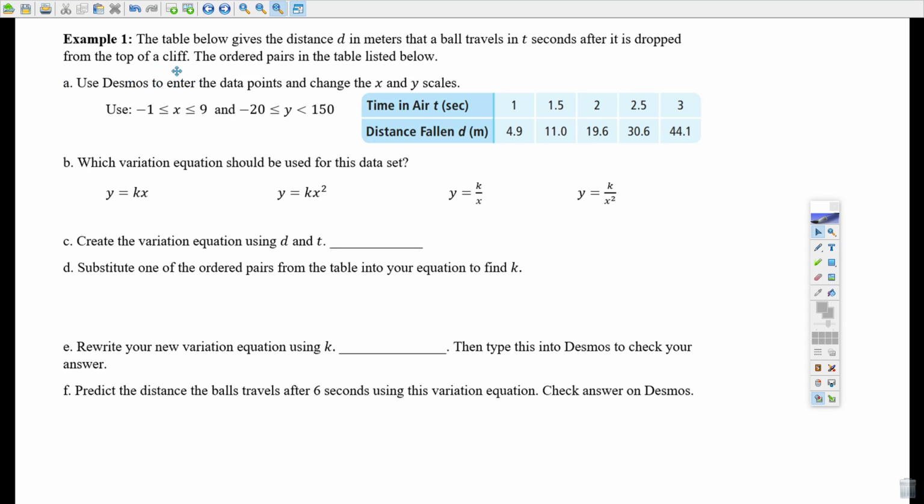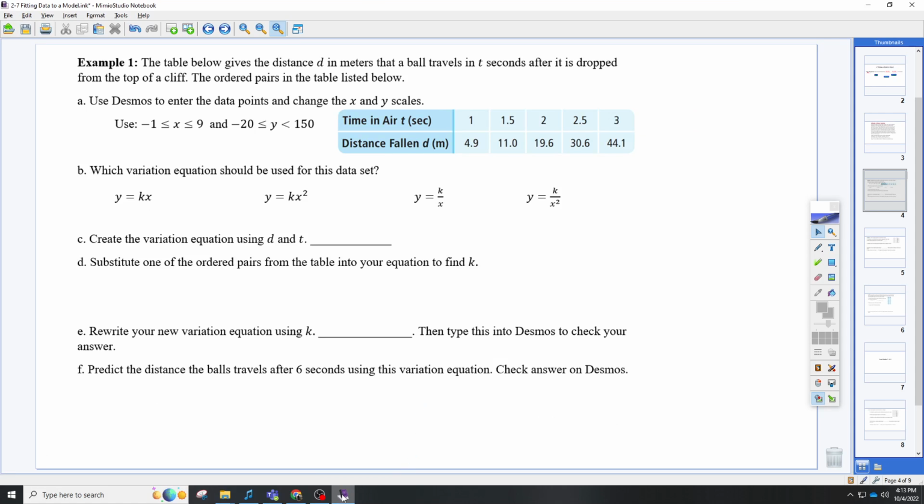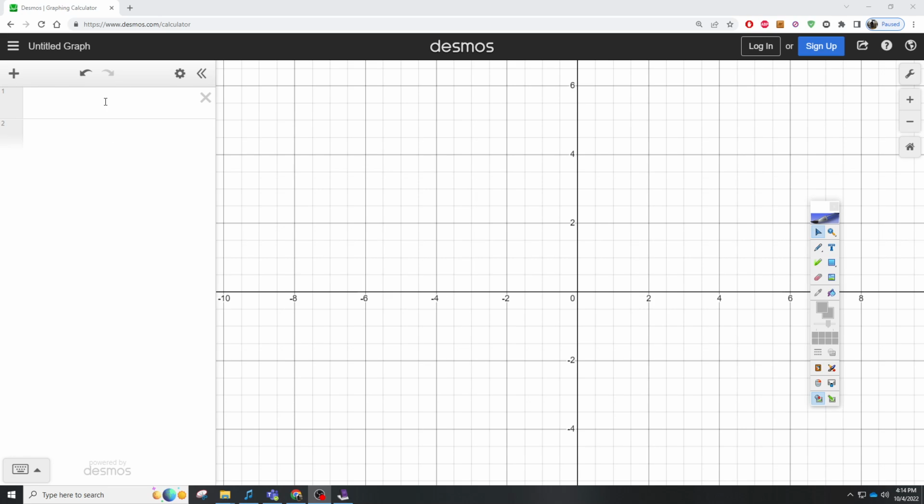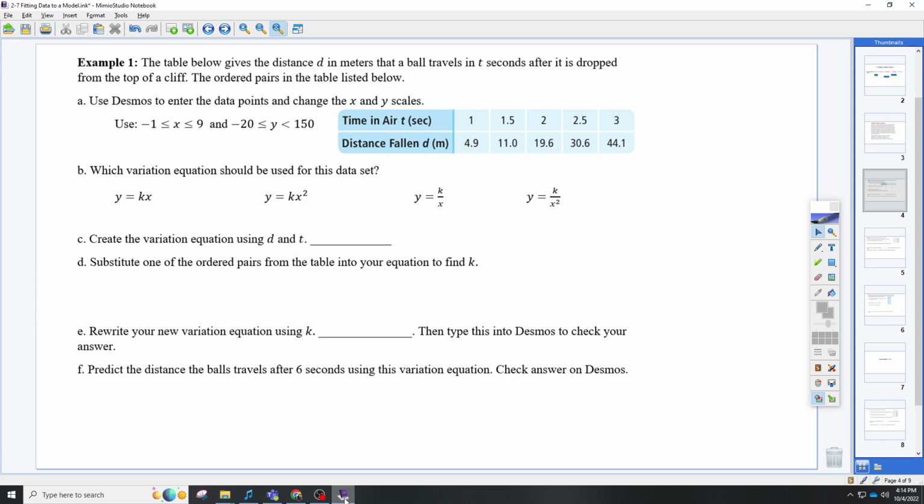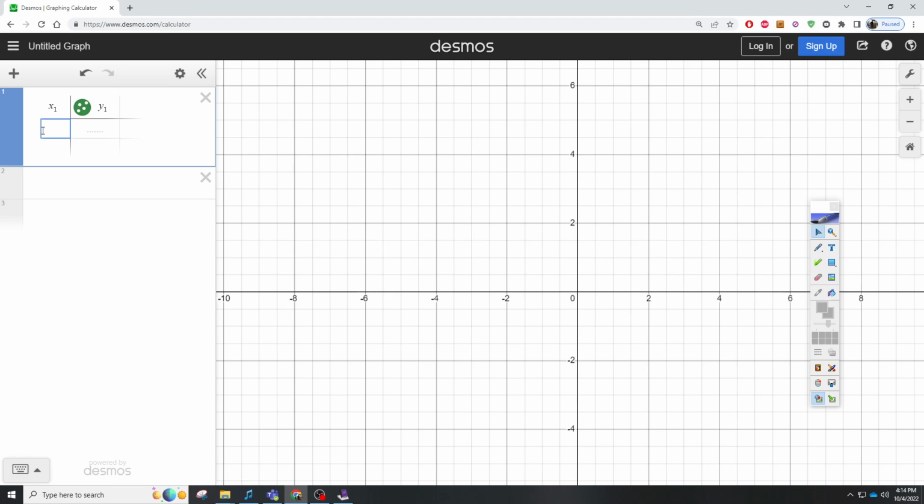So we're going to practice using this in Desmos. I'll show you how to do that. We're going to put this table in. Using Desmos, if you hit the plus sign here, you'll see where it says table. Click table, and we're just going to copy down those numbers here. So I'm just going to type them in. So we have 1.